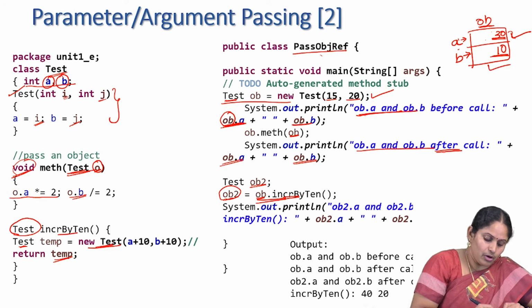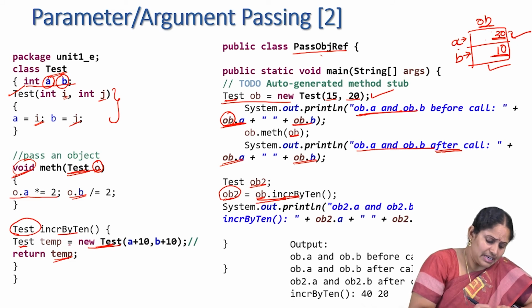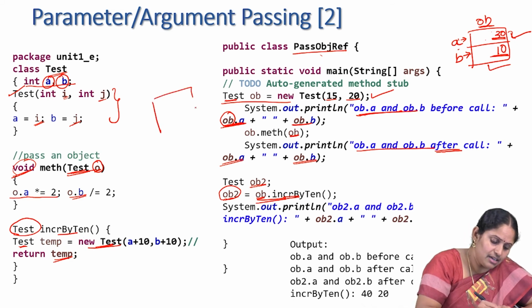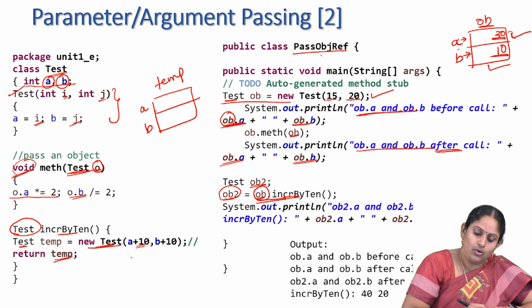So what does temp contain? Temp will be creating a new object. Temp is a new object created with values A and B. Now what is A? A is 30 here. See, it is being called over OB.